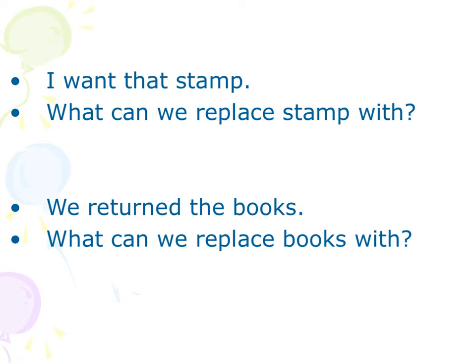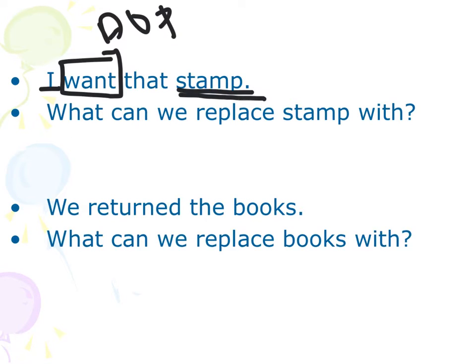The way that DOPs work is that it has to replace your direct object noun. So, I want that stamp. I is your subject, want is your verb, and stamp is your direct object noun. But what can we replace stamp with? Our 2 options are it or them. Of course, you're going to replace stamp with it: I want it.